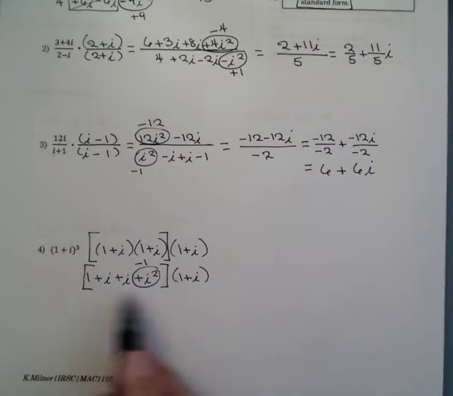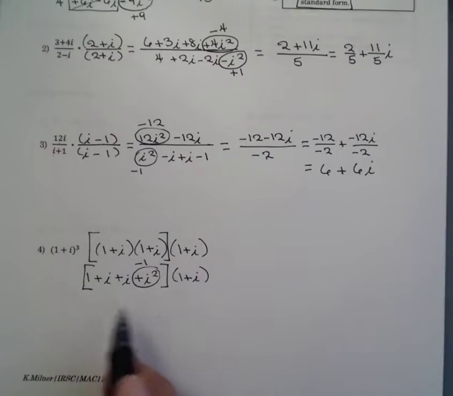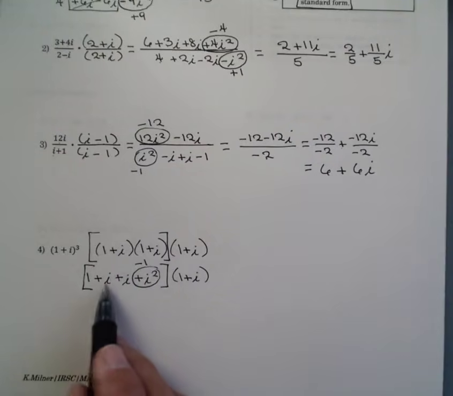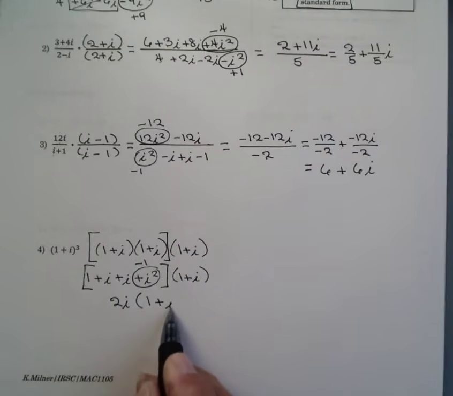Now, everything in parentheses, let's go ahead and combine it before we do this last multiplication, okay? So I've really got 1 minus 1. Well, 1 minus 1 is just 0, isn't it? And then I've got i plus i, so I've really got 2i. What do I do with it? Then I multiply it times this other binomial, 1 plus i. That's pretty easy. 2i times 1 and 2i times i.